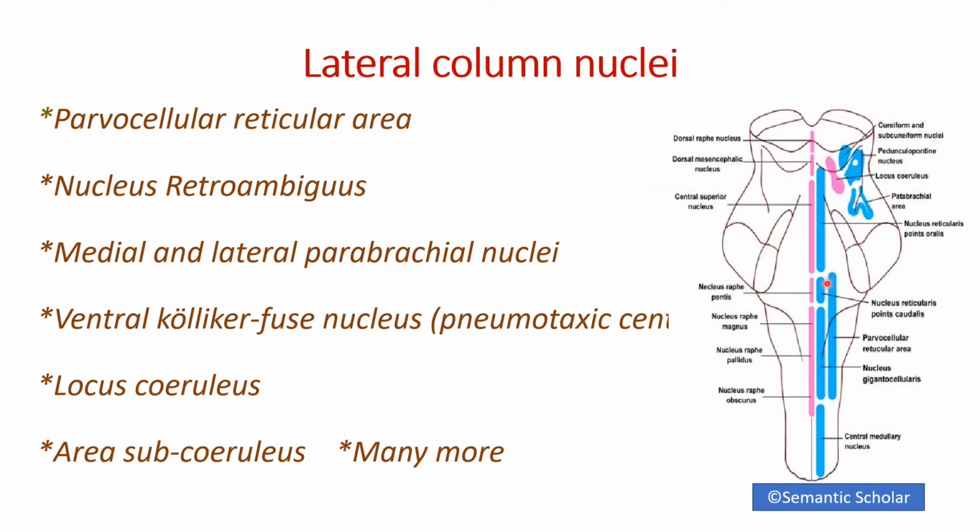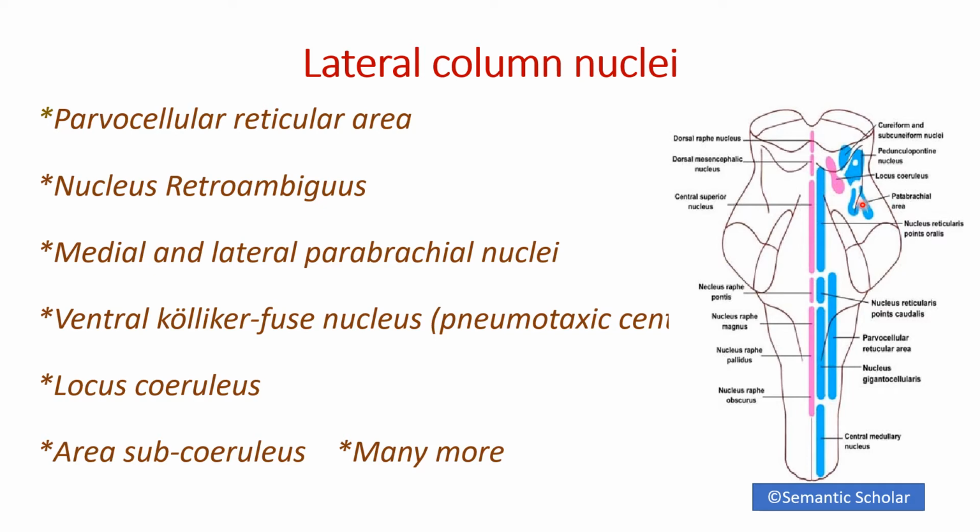Coming to the last column of nuclei, the lateral column nuclei. There are multiple nuclei in this. I will be talking of a few. So we have the parvocellular reticular area, the smaller neurons. Then we have the nucleus retroambiguus, medial and lateral parabrachial nuclei present in the upper portions.